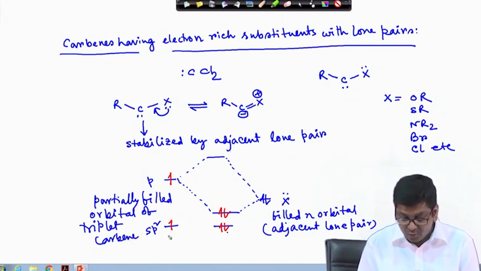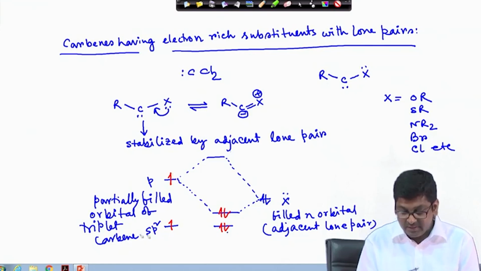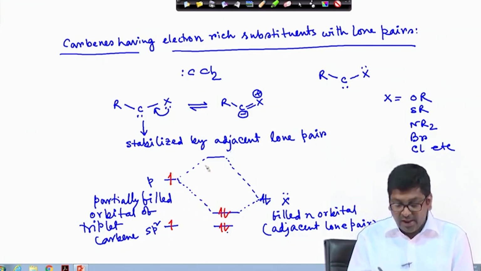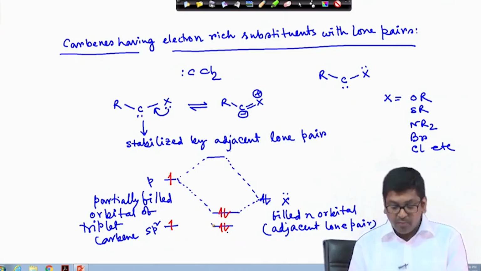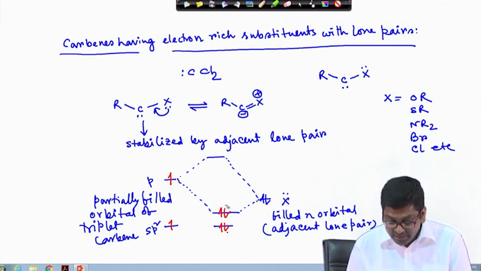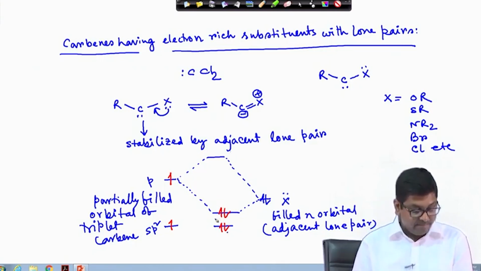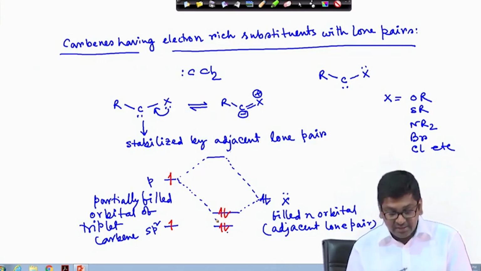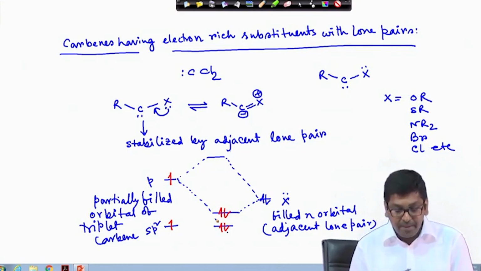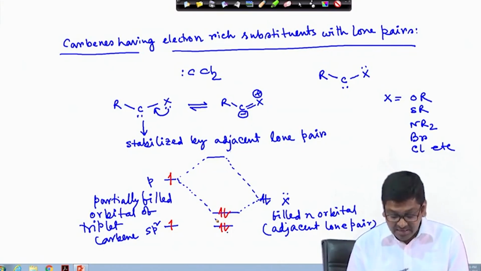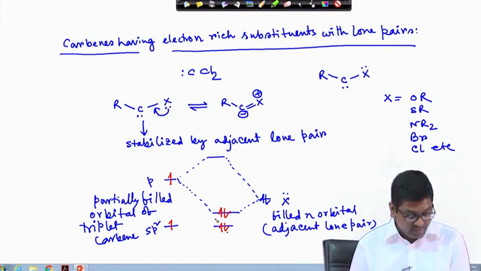And this is the sp2 non bonding, this is the p orbital, and then finally you will get a more lower energetic orbital where it can stay as a singlet. Okay. So, what does it mean? These adjacent lone pairs in this type of carbenes are actually stabilizing these carbenes as a singlet one, clear.